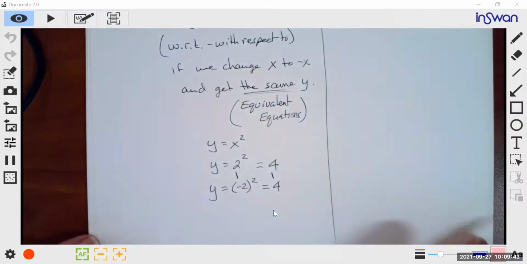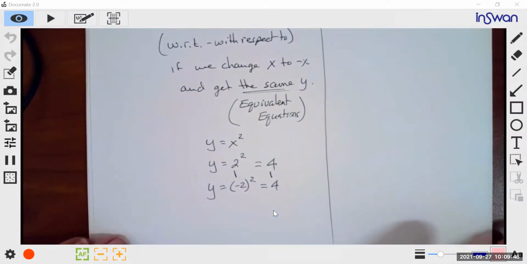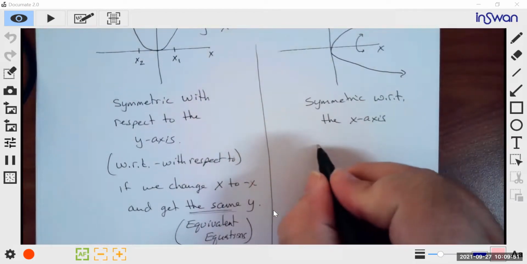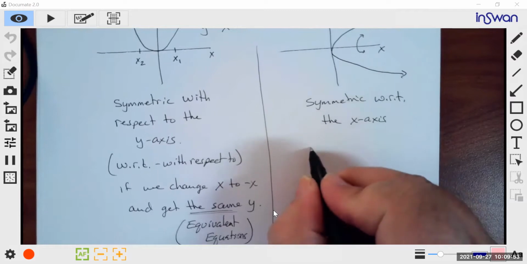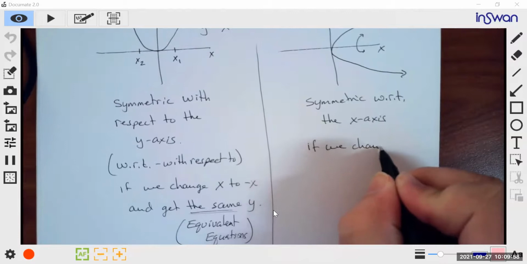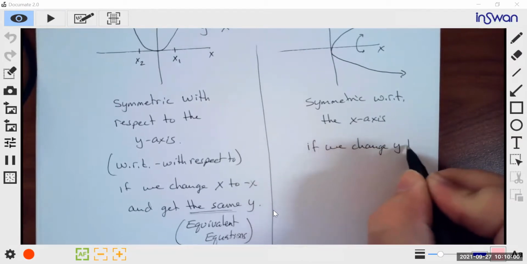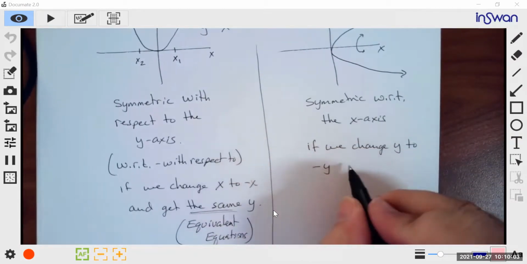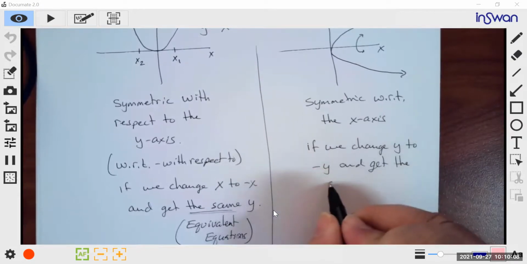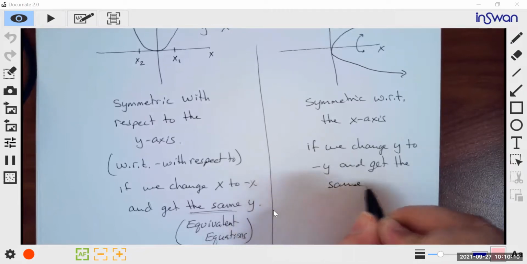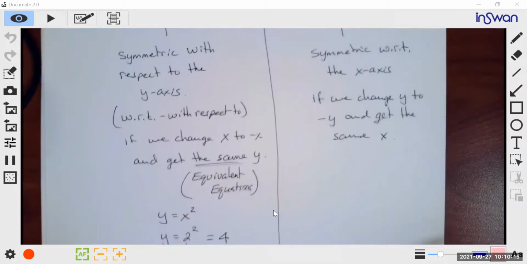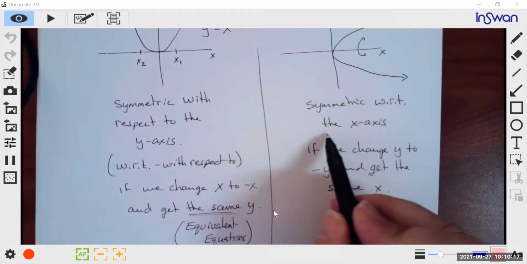The next one we're going to talk about is symmetric about the x-axis. If we change y to negative y and get the same x, then it's symmetric about the x-axis.